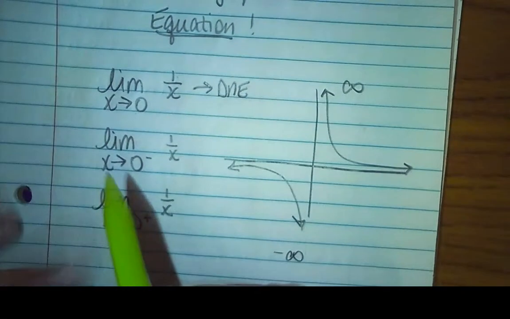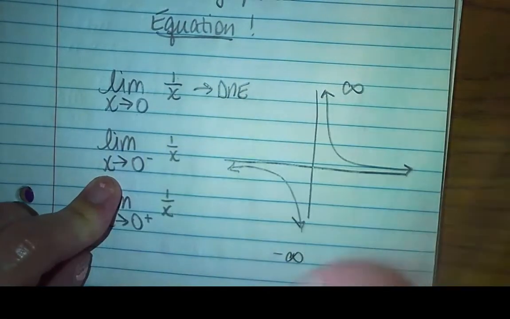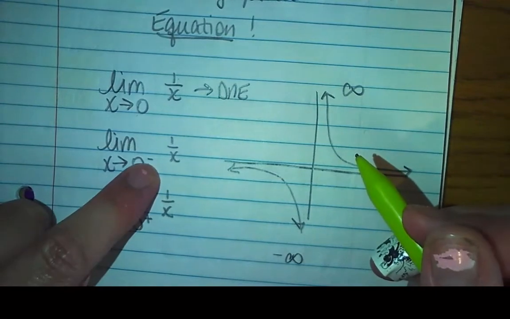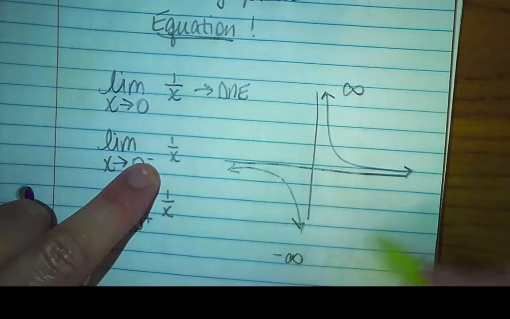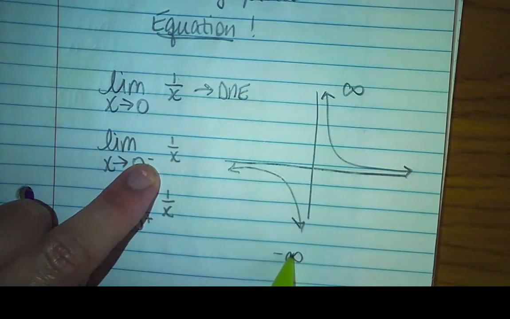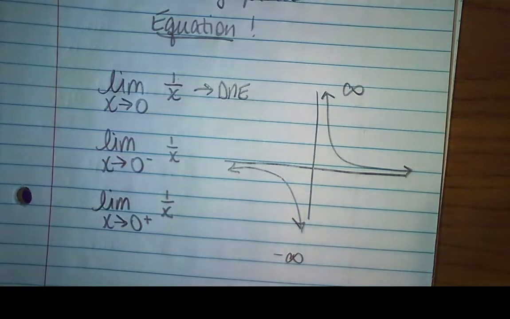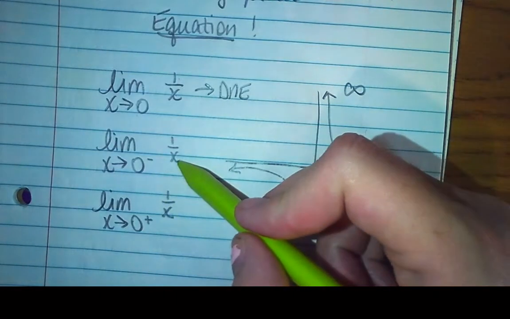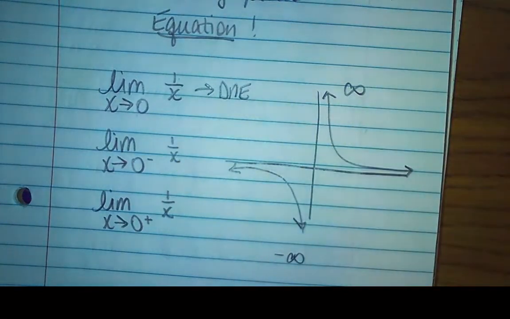Okay. Now, what happens if I just do one-sided limits? So as x approaches 0 from the left of this function, that means the closer I get to an x value of 0, this is going to negative infinity. So what we're going to do is modify how you read this. Before, like in section 1.2, I think it was, we would say it didn't exist because you can't put a limit on infinity.